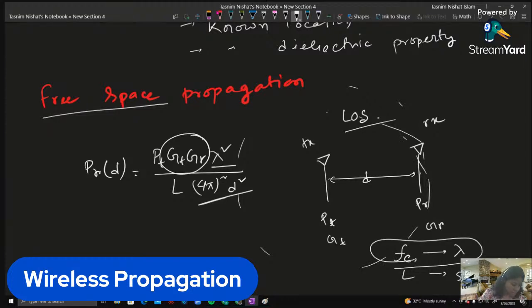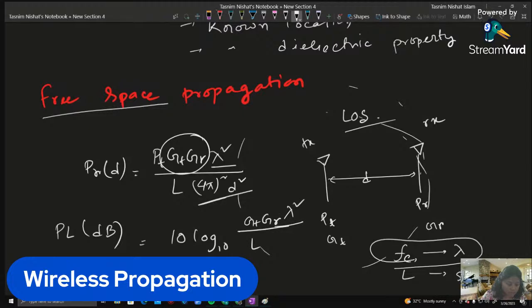So PL(d), which gives us PL in dB, is 10 log 10 of GT GR lambda squared over L (4 pi) squared d squared. This is basically 10 log 10 of PT by PR, and this is the path loss.